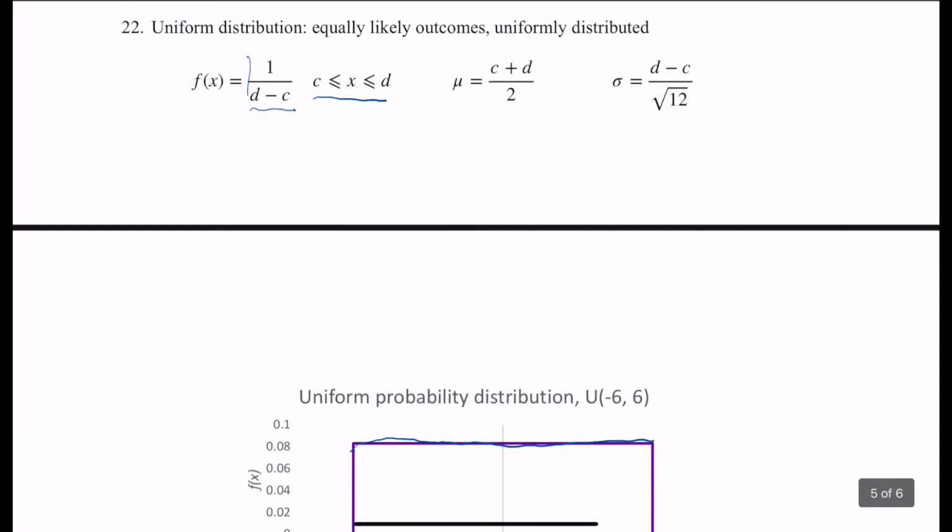It just looks like this. And also, the mean is easy to understand. And this is how you calculate the standard deviation.